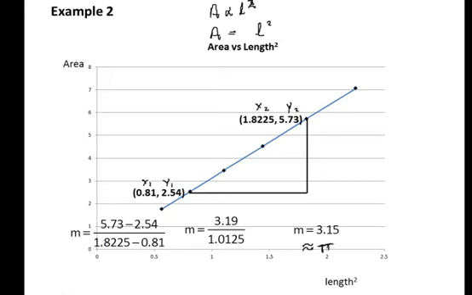So we can assume the value is pi. So now that's our relationship. Pi L squared, most commonly known as pi r squared. So what we're looking at here is most likely the area of a circle has been examined as the radius changes.